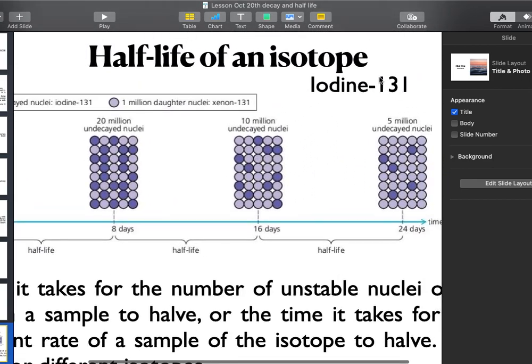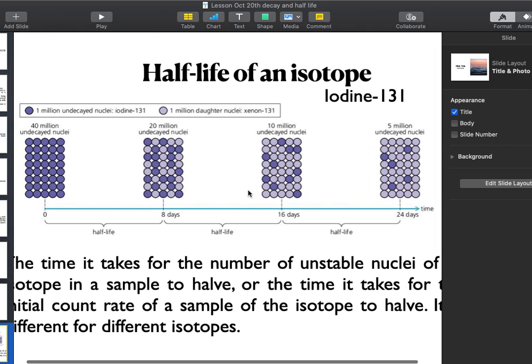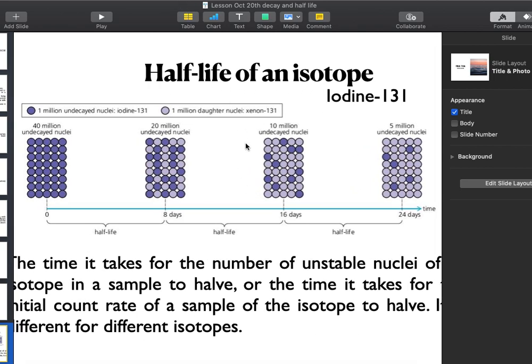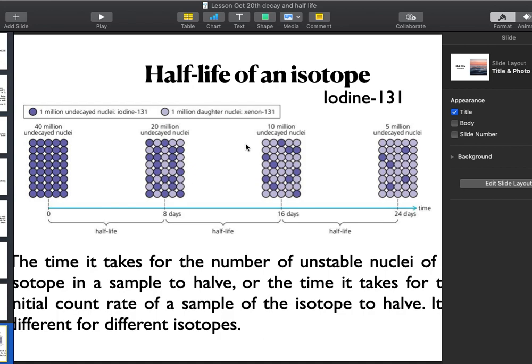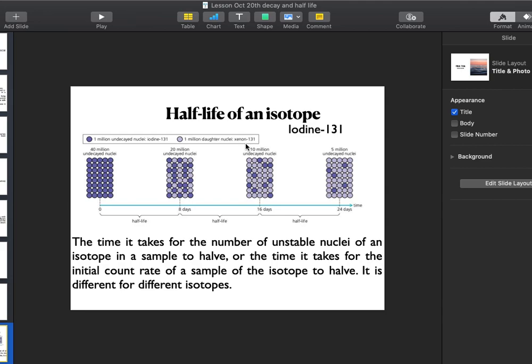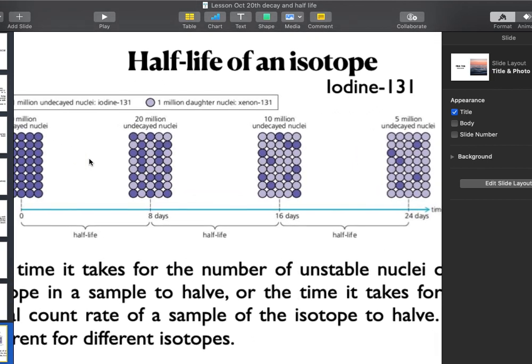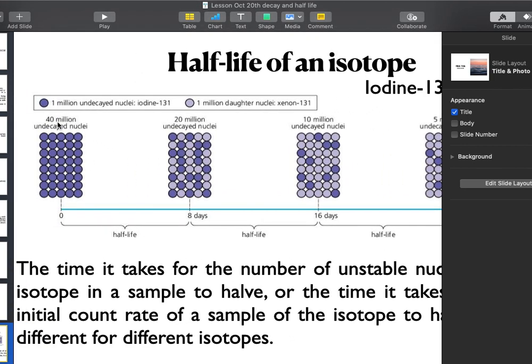We have iodine 131, and this is a really basic example from the book on which physics teachers around the world base our classes in order to prepare our students for the IGCSE exam. Look at this: in the beginning we have 40 million decaying nuclei, and remember that's an atom.